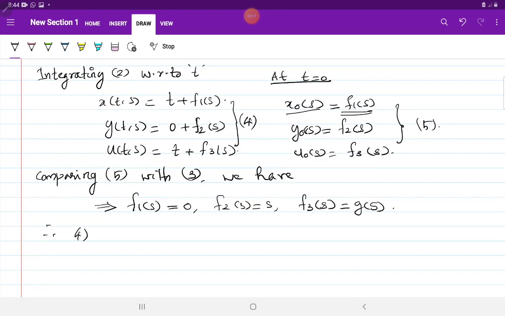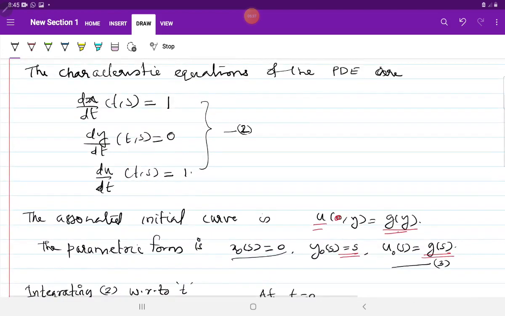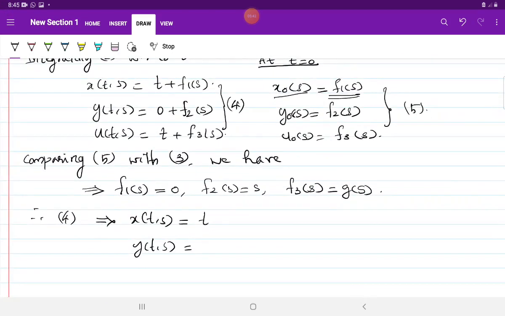Therefore, substituting this in equation 4, we have the parameterization of the integral surface. x(t, s) is t, y(t, s) is f2(s), that is s. Now u(t, s) will be t plus f3(s), that is t plus g(s).